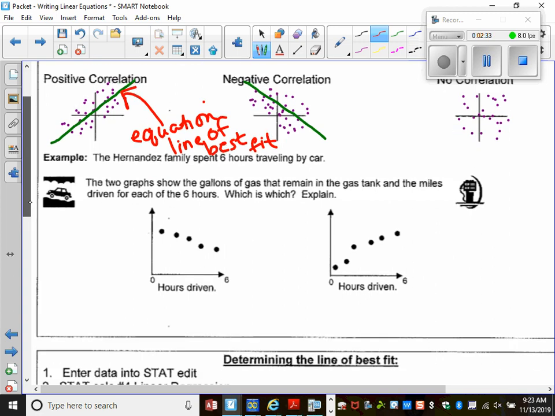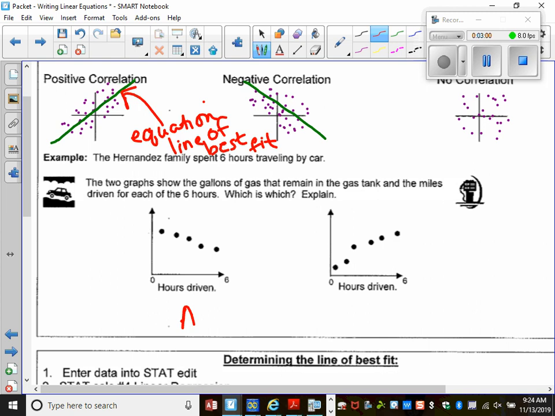Now, here they give you two different graphs to look at, and they give you a situation. They say the two graphs show gallons of gas that remain in the gas tank and the miles driven for each of the 6 hours. So which one would be the correct graph to represent you driving a distance and how much gas is left in the tank?